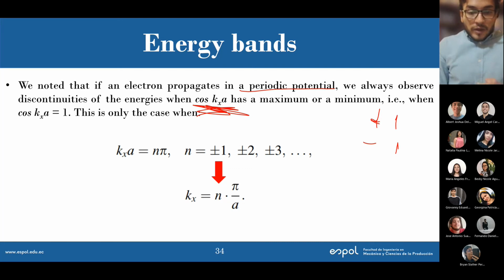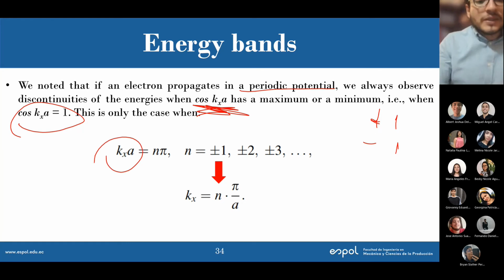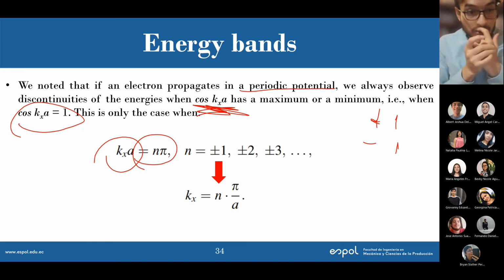Now, for the cos of the wave vector times the lattice constant to be equal to 1, that means that kxa, the wave vector times the lattice constant, must be equal to n times pi. Remember that the cos of pi is equal to 1, the cos of 2 pi is equal to 1, and so on.